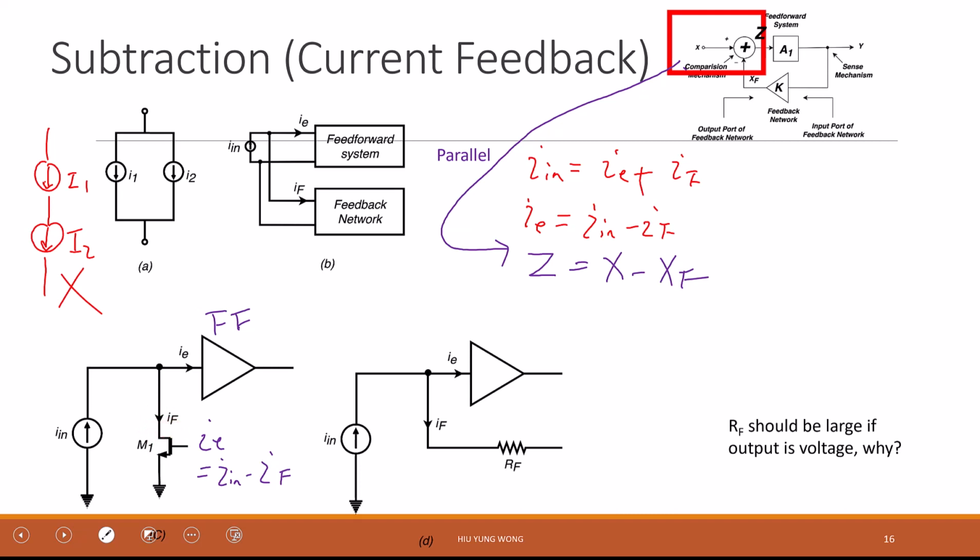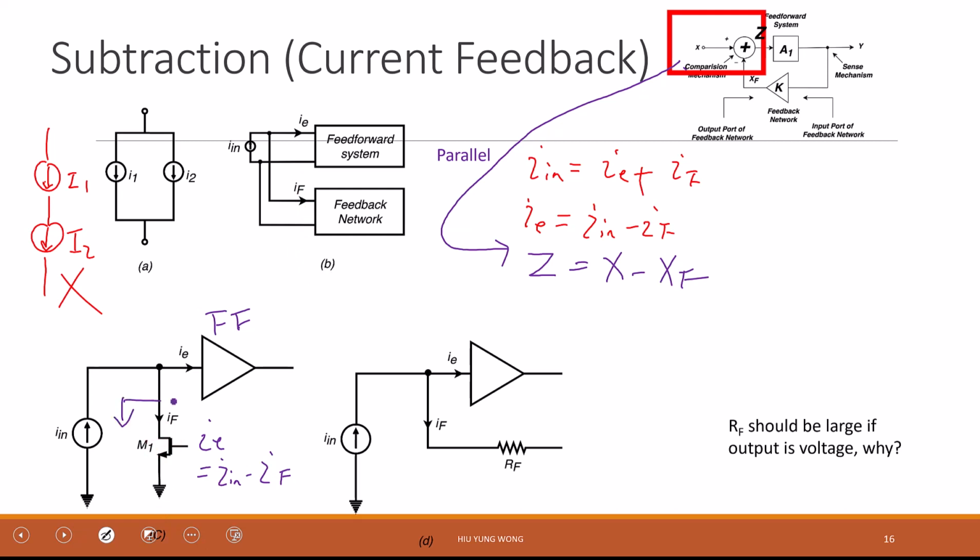You want it to be large. You want it to be infinite. Because I'm outputting, remember, I'm stealing the current, right? I'm still outputting the negative current. Remember this. So I'm still a current source. It's just that I have a negative current source, right? It becomes a negative current source. So I want to have a large output impedance.